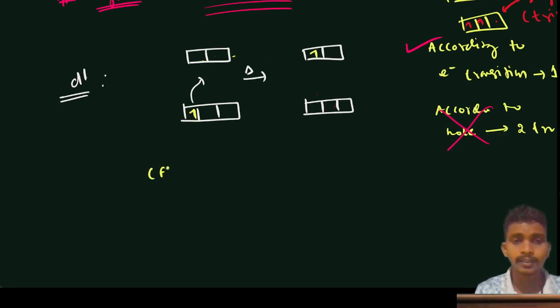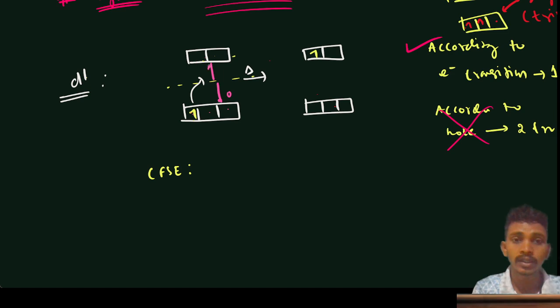So if I calculate the CFSE, how will we calculate? We have discussed it so many times. Here it will be 0 point, because this is 1, 2, 3. Calculate such that here and here it has to be equal.